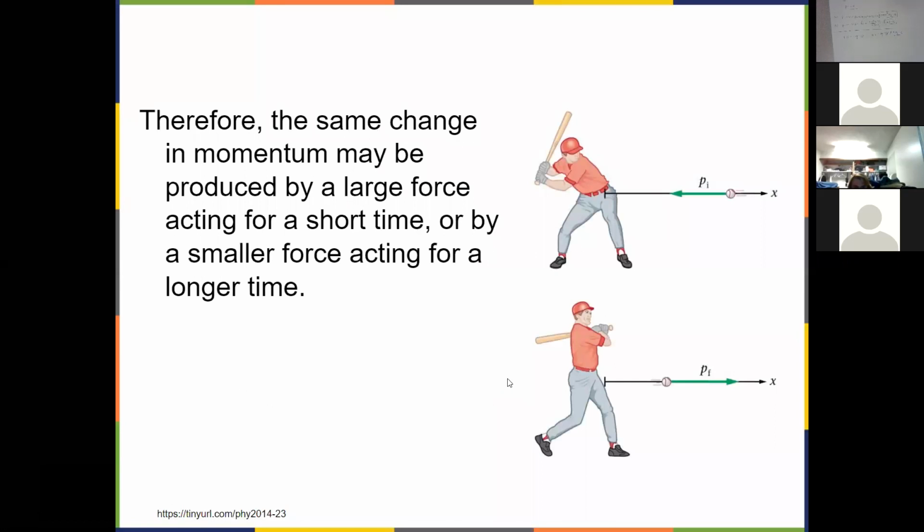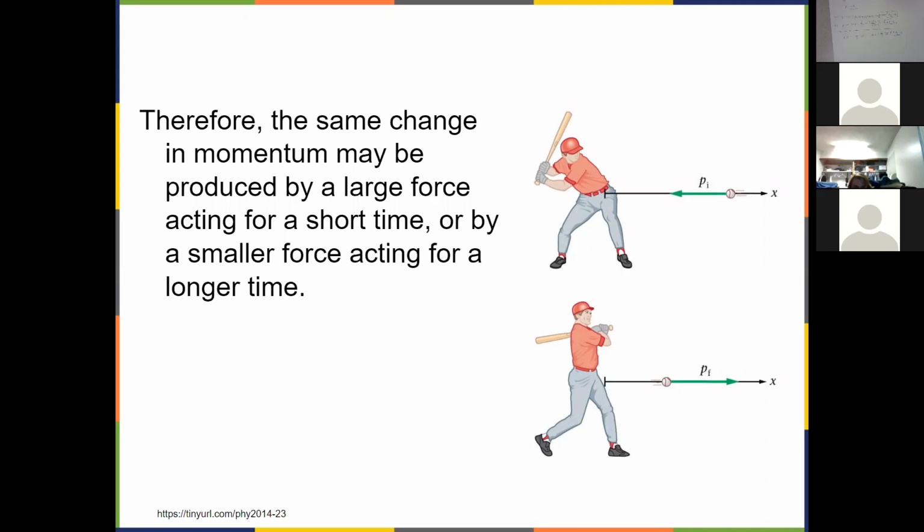Now, when striking a baseball, the batter actually swings the bat. Why? It's because when he swings the bat, the contact time or the impact time when the batter strikes the ball is increased. Okay, because he wants to change the momentum of the ball in a very dramatic fashion.